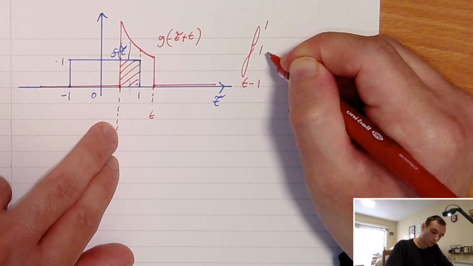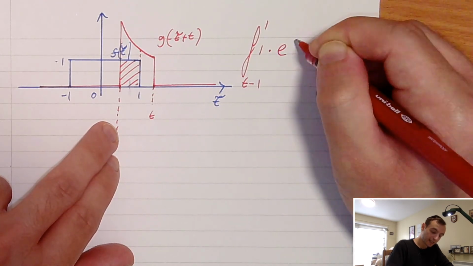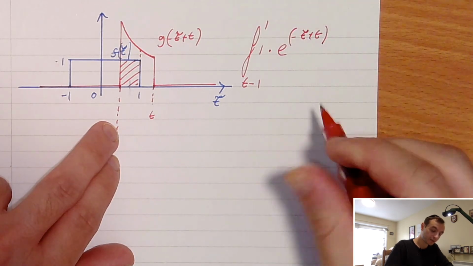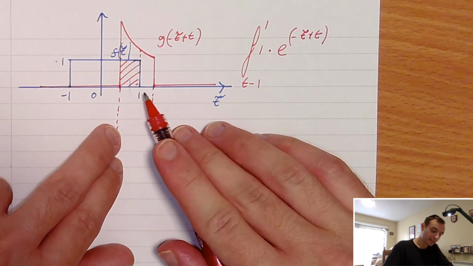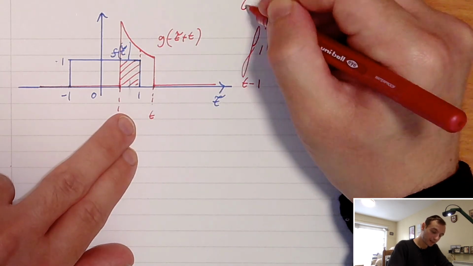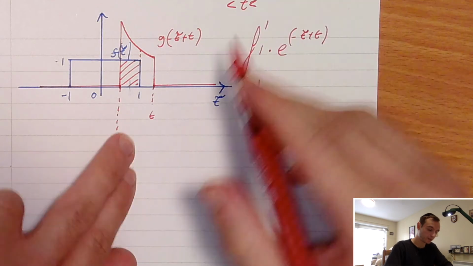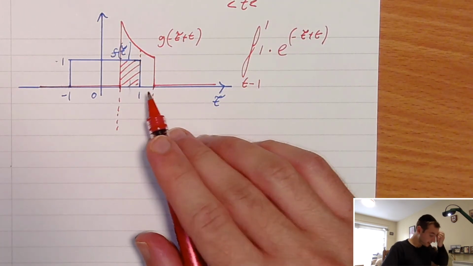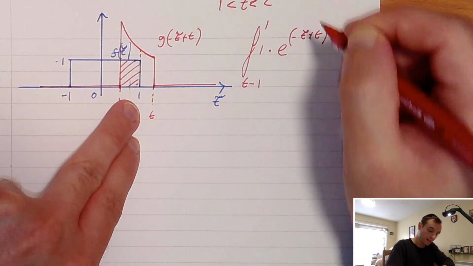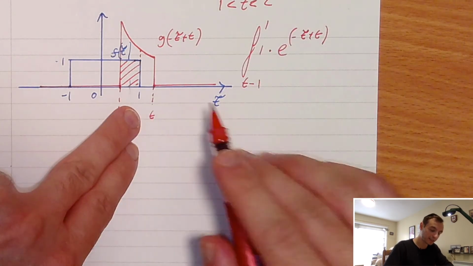So the integrand is 1 dot e to the minus tau plus t. And that is true as t goes from 1 to, as t goes from, let's think about this, where did we end off? We ended off when t is 1, so it starts at 1 and goes to 2. That's when it's going to be valid from, that's when it's going to end.